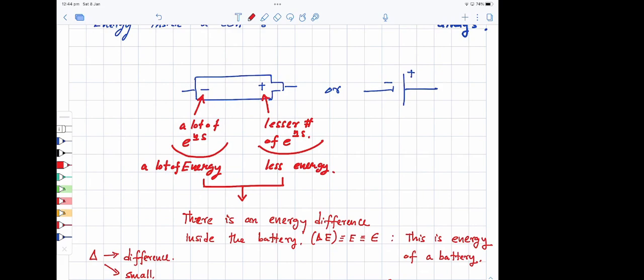In the positive terminal there are fewer electrons. So there is an energy difference inside the battery. That energy difference is called the energy of a battery, and that is called EMF, which is electromotive force. That is the story. Okay, so it's not a big deal.